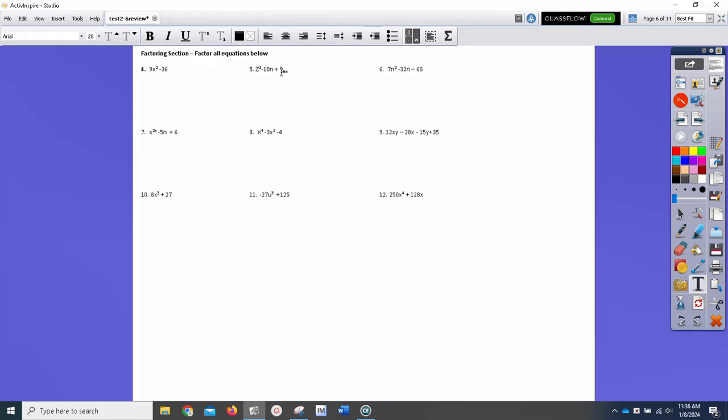5 is not a special pattern. 5 is just basic factoring. You're going to need a z and a z to make a z squared. Since it's just 1z squared, I need factors of positive 9 that add to negative 10.